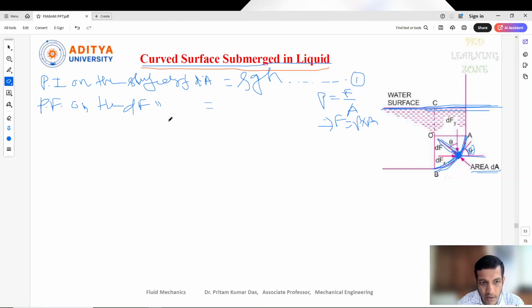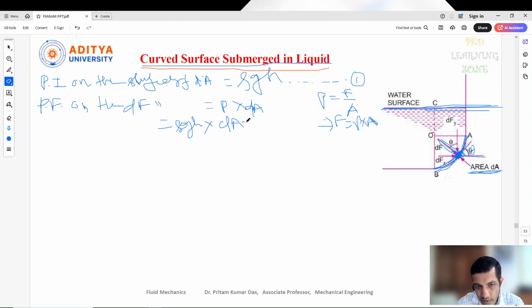Now here dF we can write similarly as P into dA, where A is the total area of the curved surface, but for the particular small object the area we have taken is dA, the surface area of the small object. Putting the value of P, that is rho gh, we get dF equals rho gh into dA.